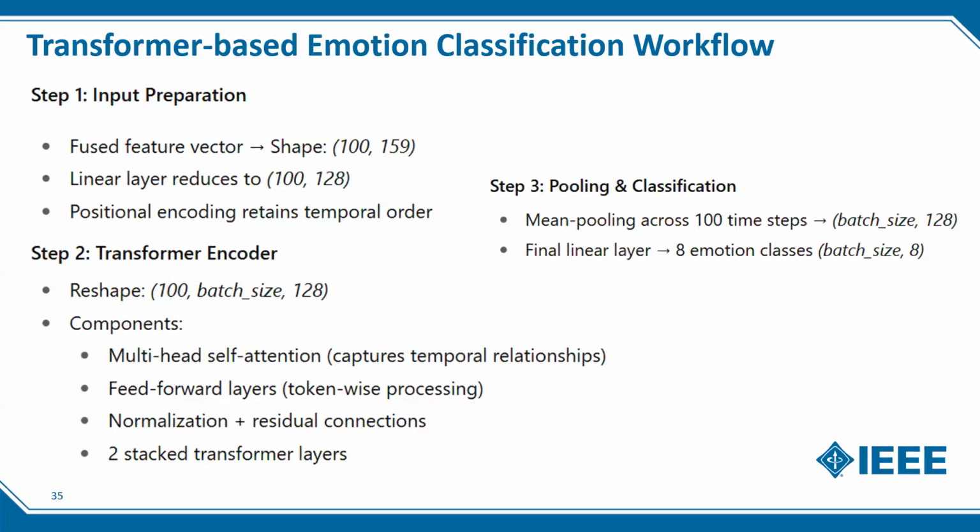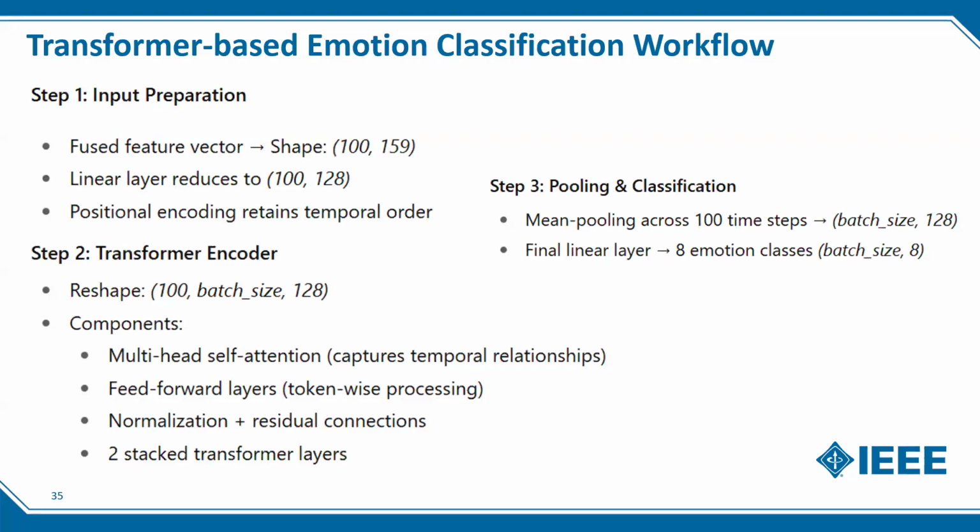Token-wise processing is performed in the feed-forward layer. Then coming to the normalization and residual connections, they stabilize training and avoid the vanishing gradient.